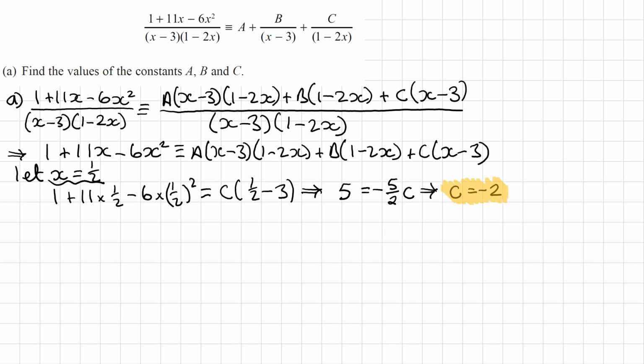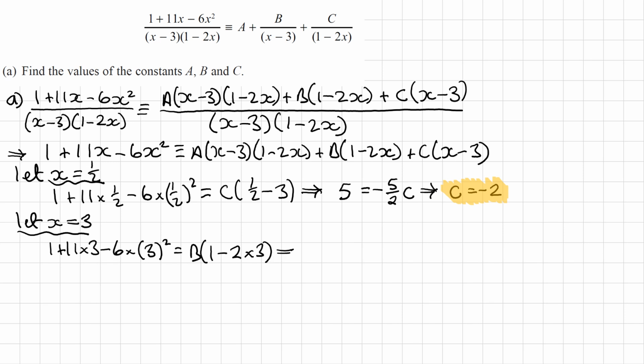Now I'm going to let x equal 3, and when I let x equal 3, that means that all of these terms in front of A will become 0, and this will become 0, allowing me to work out B. So substituting in x equals 3, I have 1 plus 11 times 3 minus 6 times 3 squared is equal to B times 1 minus 2 times 3.